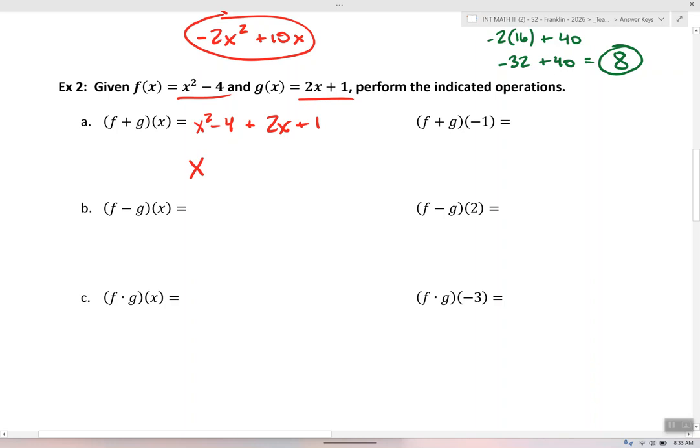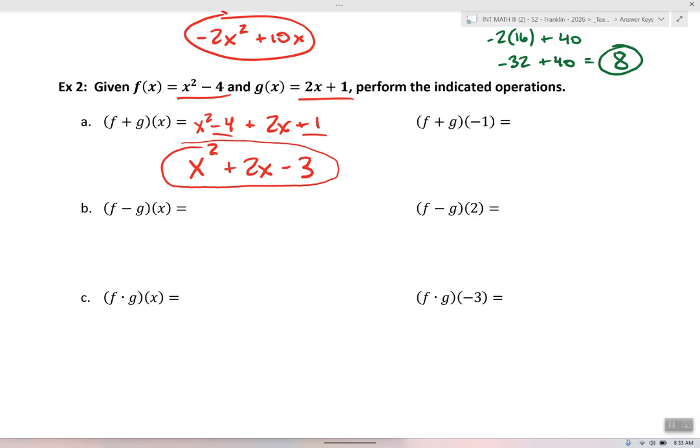So the x squared doesn't change. The negative 4 and the 1 will go together. The 2x won't change. And negative 4 plus 1 is negative 3. So in kind of standard form there, that's our addition function, f plus g of x.